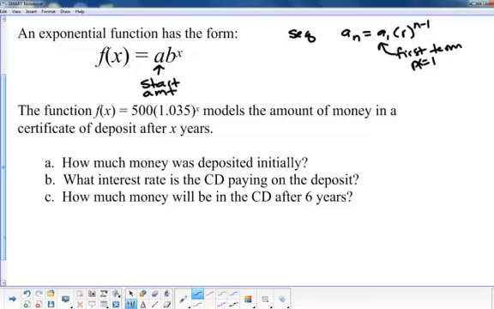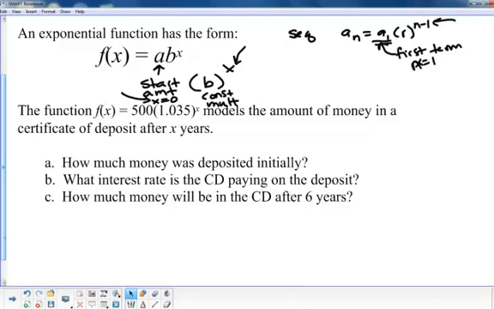And starting amount for our equations is when x is 0, and then times the constant multiple to the x power. So since we're using our 0 term, we do not have the minus 1. When we use our first term, we need the minus 1. We'll talk more about that in just a minute.